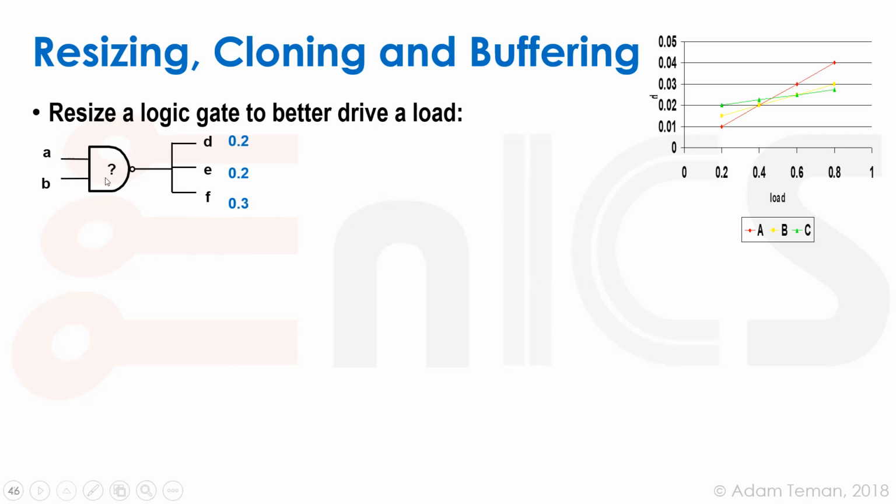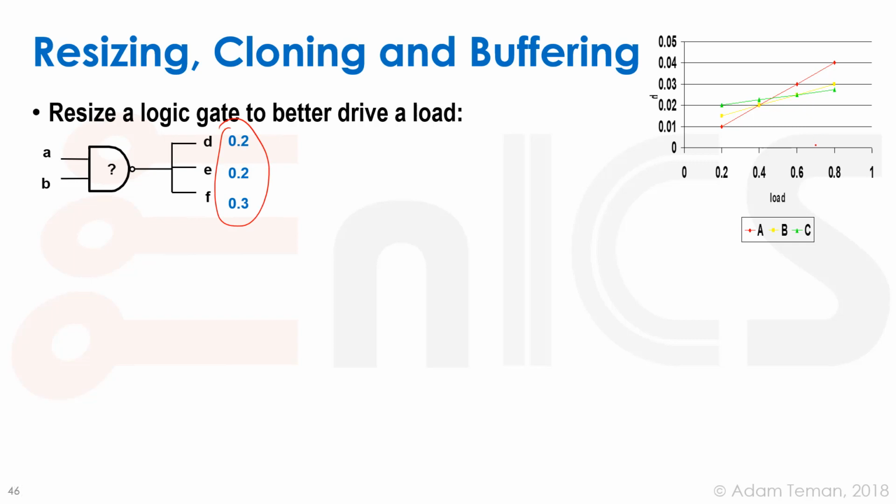Resizing is also one of these basic straightforward things. We have this NAND gate, and we have a lib file of the NAND gate that describes how it works. And we have three different NAND gates: a red one called size A, a yellow one size B, and a green one size C. What we can see here is that we have output loads equal to 0.7.